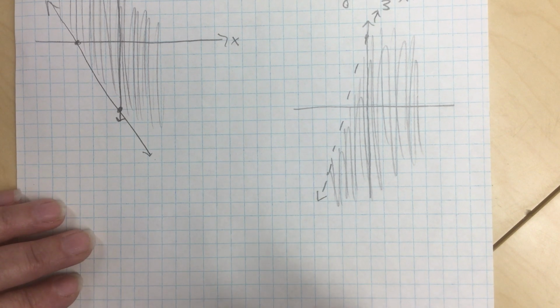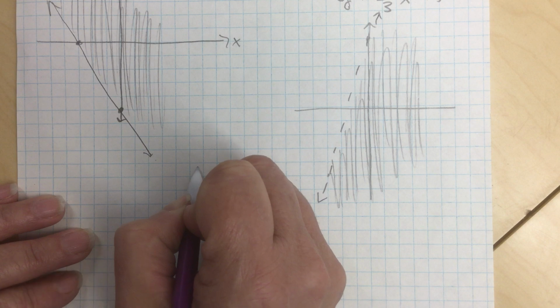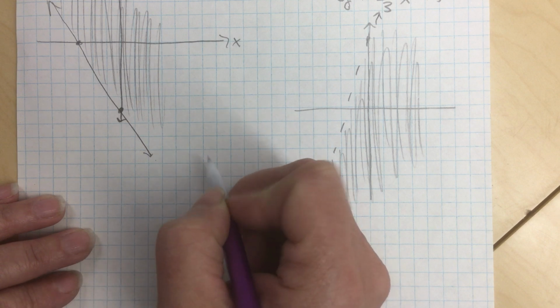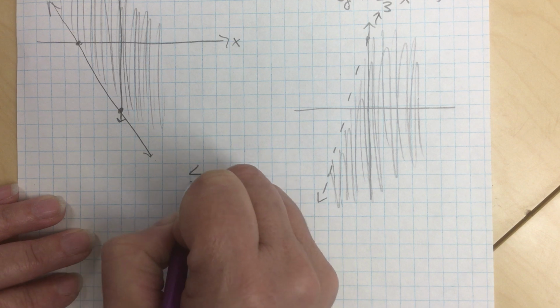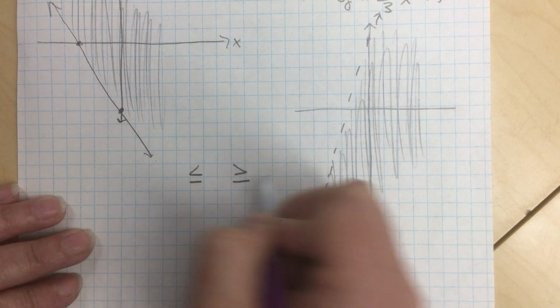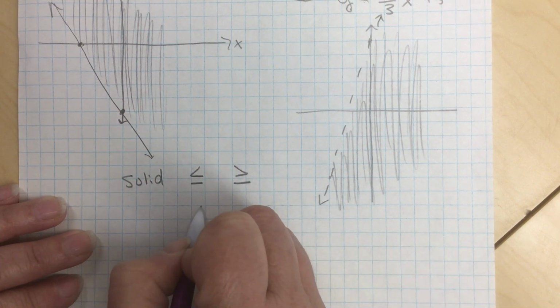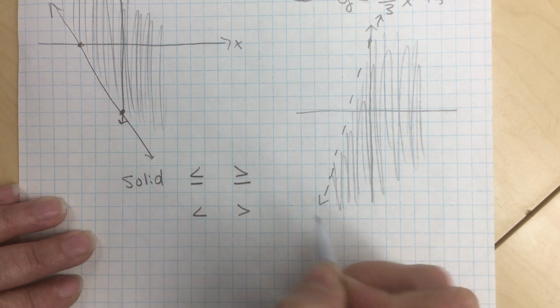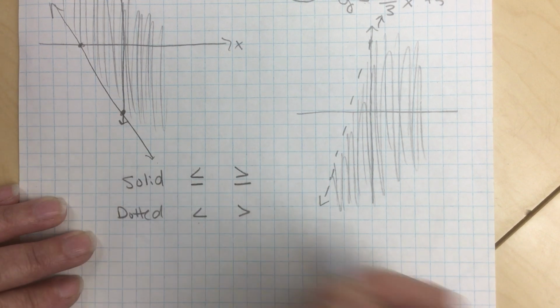So there's 4 things you really need to keep track of. If it is greater than or equal to, it's going to be a solid line. If it's just less than or just greater than, it's going to be a dotted line, okay?